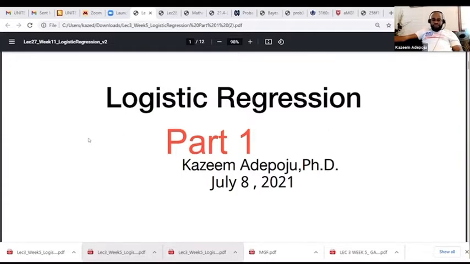But what if the response variable is categorical? When the response variable is categorical, we can no longer use linear regression. So today, the focus is how we can fit a relationship between a categorical response variable and predictors. That is the focus today.